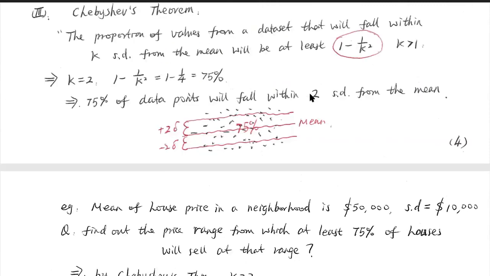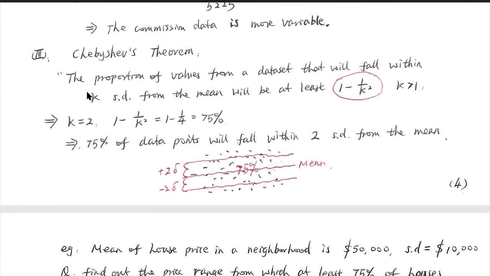Someone was asking what K stands for, right? K stands for how many standard deviations away from the center, from the average. So in our case here, if K is equal to 2, that means 2 standard deviations away. 2 standard deviations is 1, 2, and also going down, 1, 2.